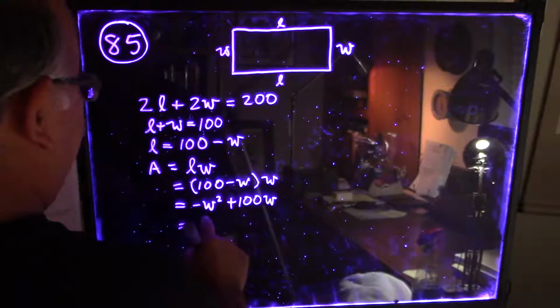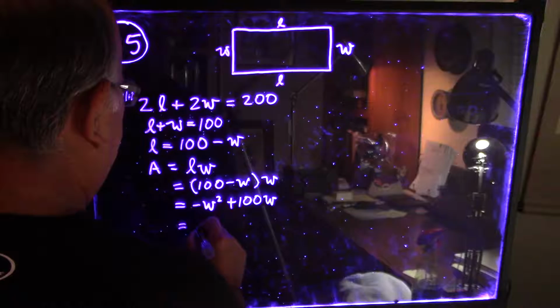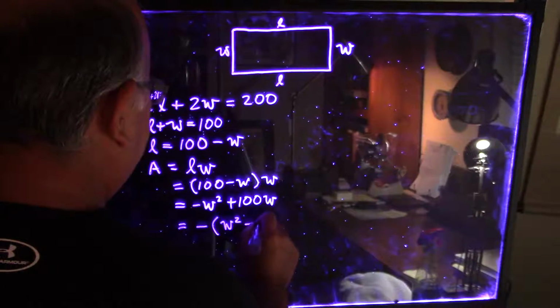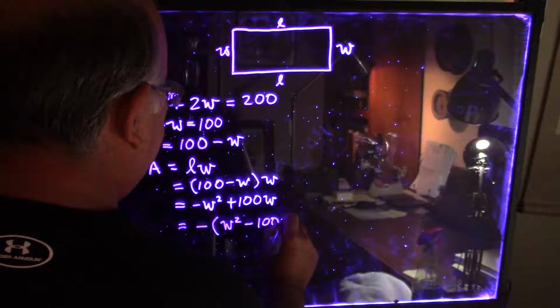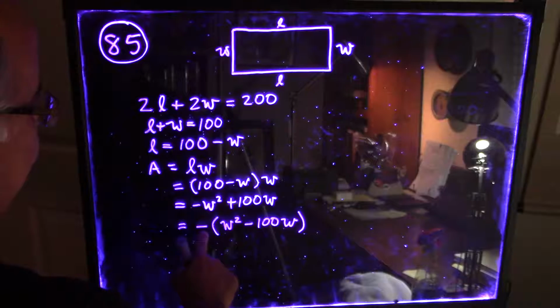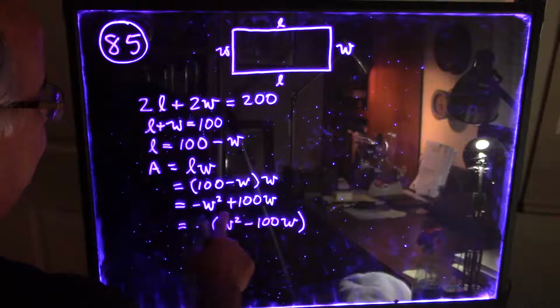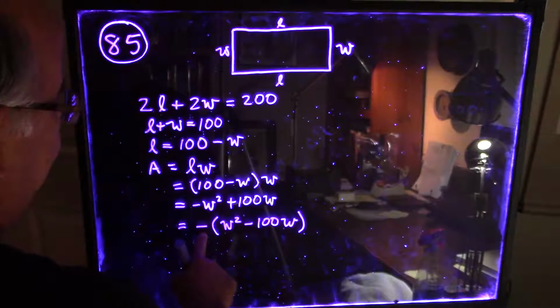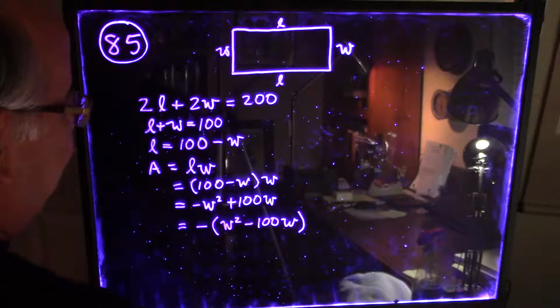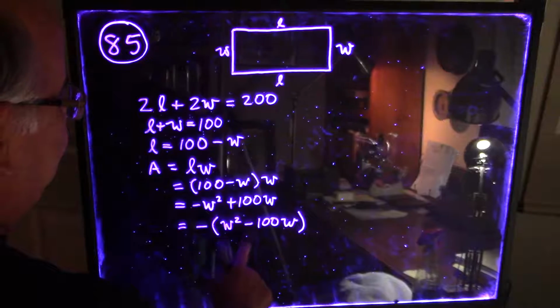This can be written as, factor out that -1, w squared minus 100w. I'm just taking a common factor of -1 out of these two terms. If you distribute that back through, you'll get this again. And then I'm going to complete the square on what's in the parentheses.